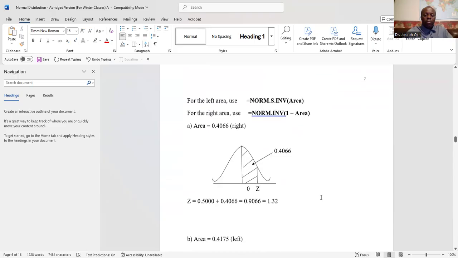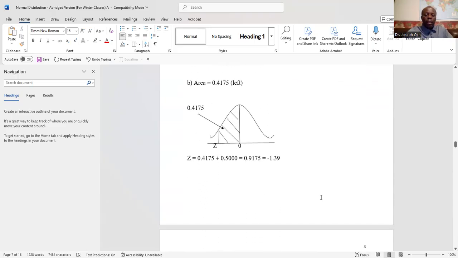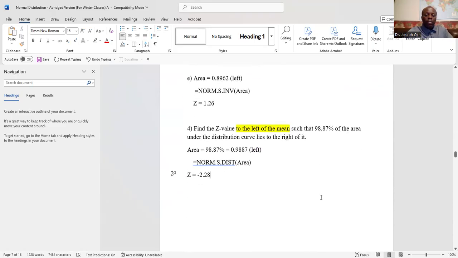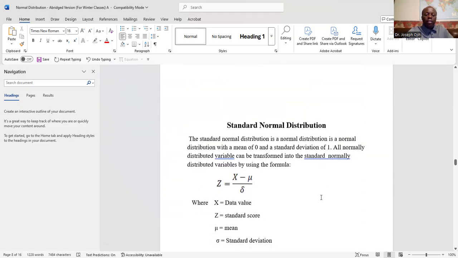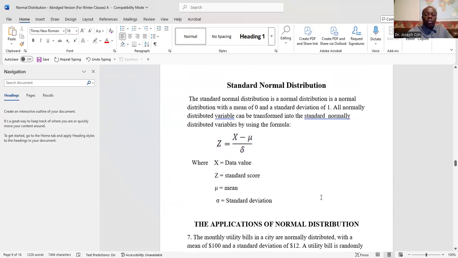So now this is the first one. The standard normal distribution. Let's look at the standard normal distribution. The standard normal distribution is a normal distribution with a mean of 0 and a standard deviation of 1.